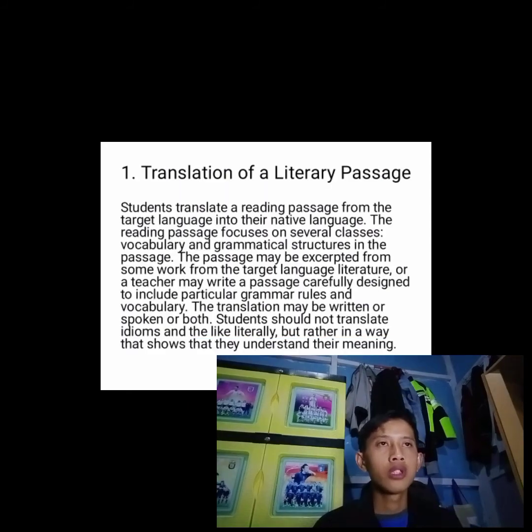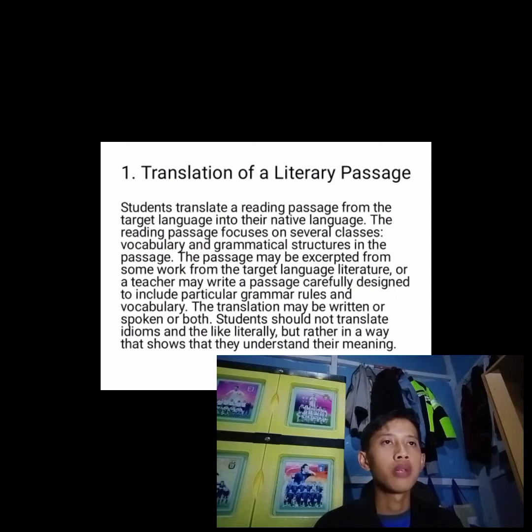The first point is translation of a literary passage. Students translate a reading passage from the target language into their native language. The reading passage focuses on several classes, vocabulary and grammatical structures in the passage.